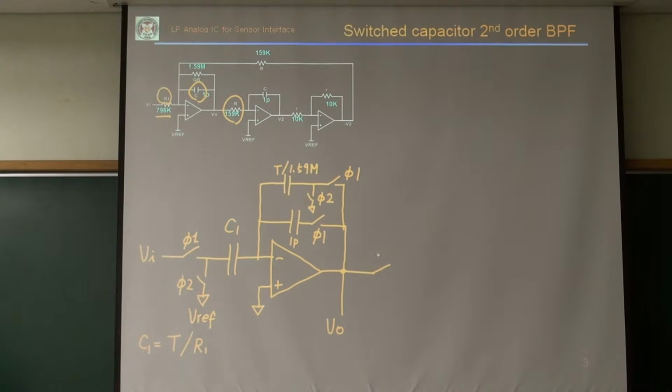So I will implement this one by phi 1, and then by phi 2. So this capacitor is T over 159 kilo ohm, and then oh yeah, one missing, right? What is it missing? Feedback switch.